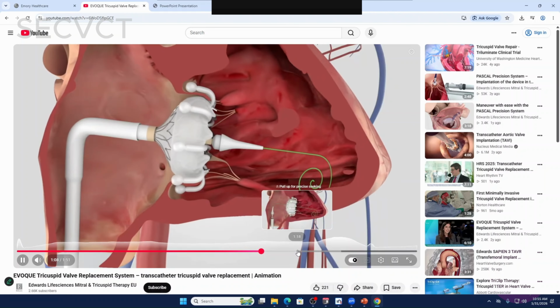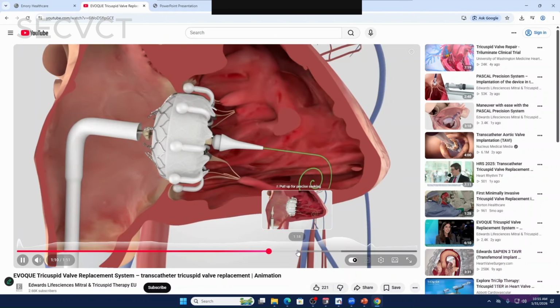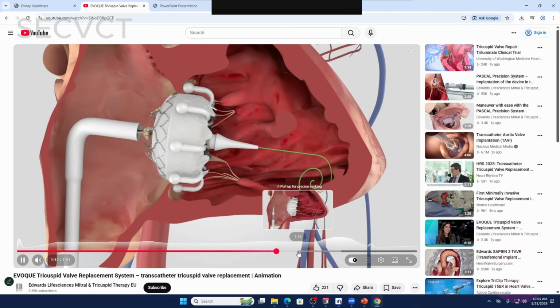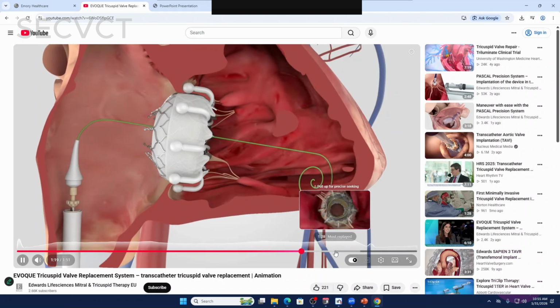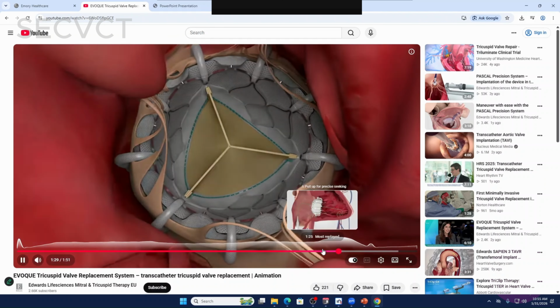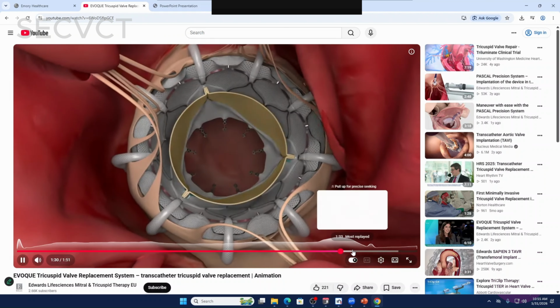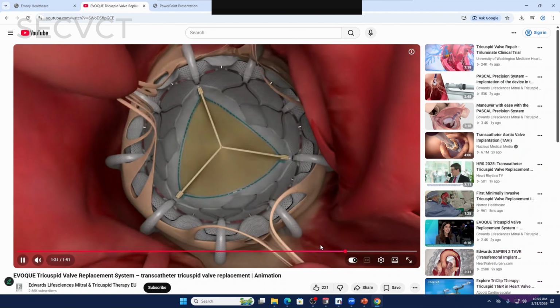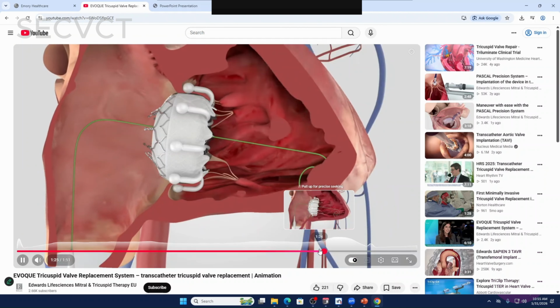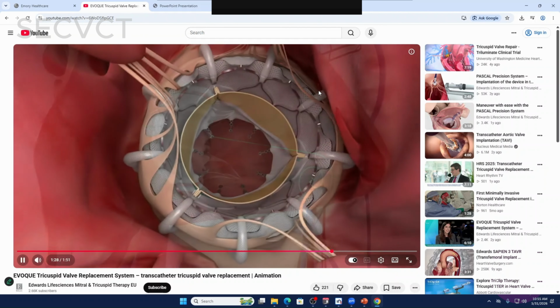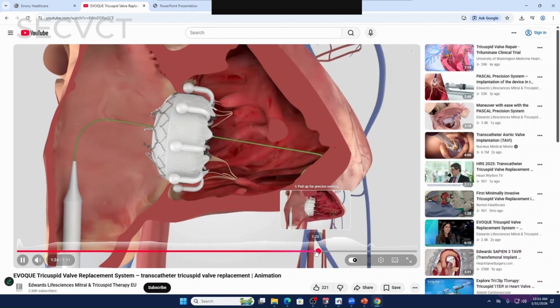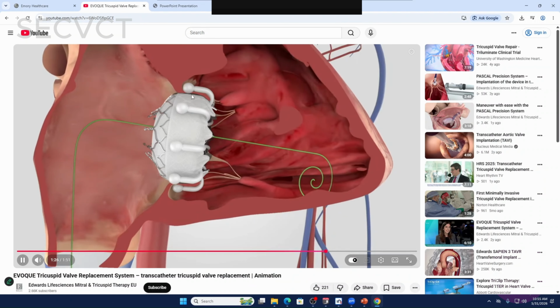I'll fast forward, and this thing is going to balloon open. If you look at it from the top down, it looks like a spider. It's a tri-leaflet, I think bovine pericardial tissue with a nitinol frame, similar to the TAVR valve. So that's essentially what the valve looks like and how it gets deployed.